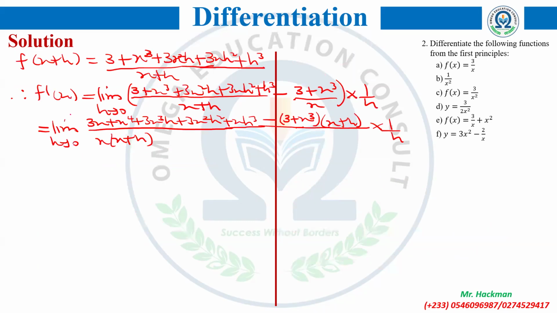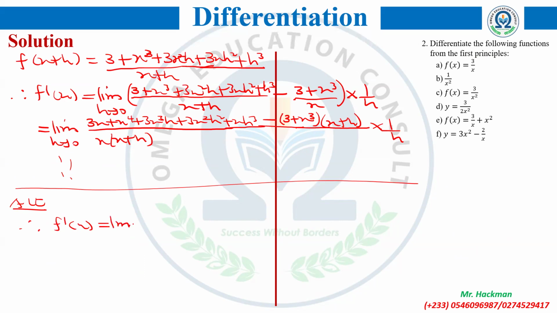I don't want us to waste time. So this will continue. Now I'm looking at the other alternative. So now f prime of x will be equal to the limit as h approaches 0 of f of x plus h.